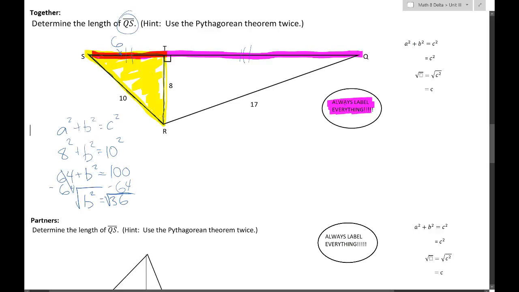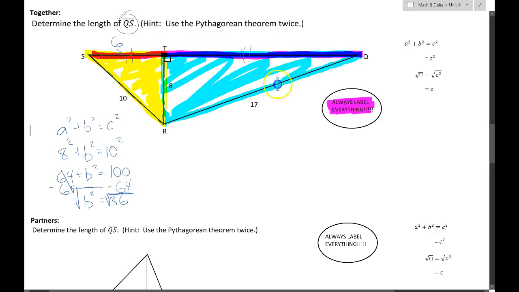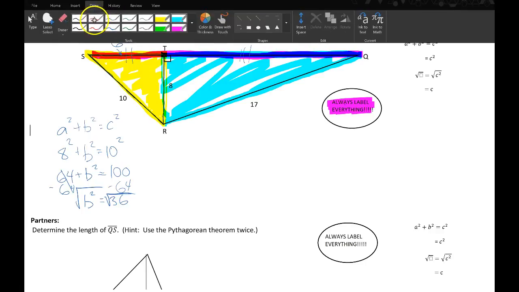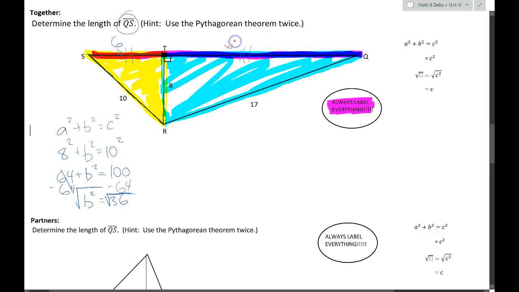Now, that doesn't finish this for me yet, though. Now I need to solve for this triangle. We're going to call it the nice turquoise triangle. I need to solve for this one as well so that I can get this additional leg, this leg here. I think I just have to do the same thing.